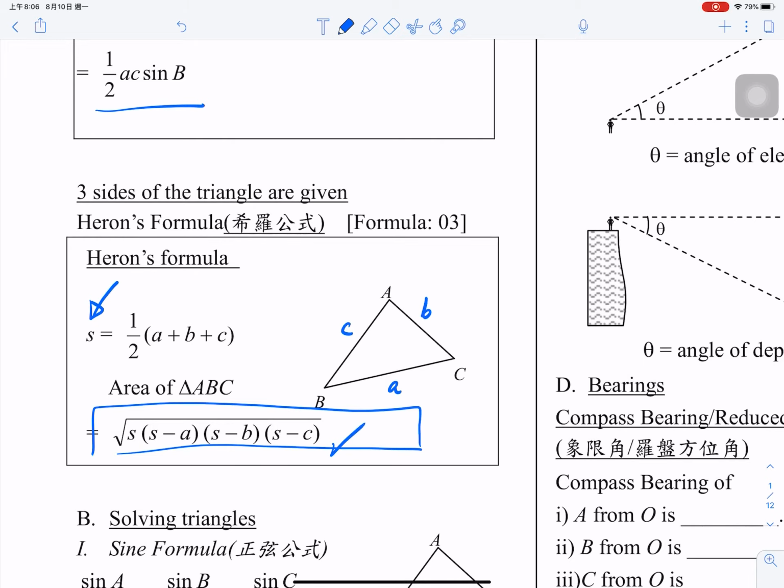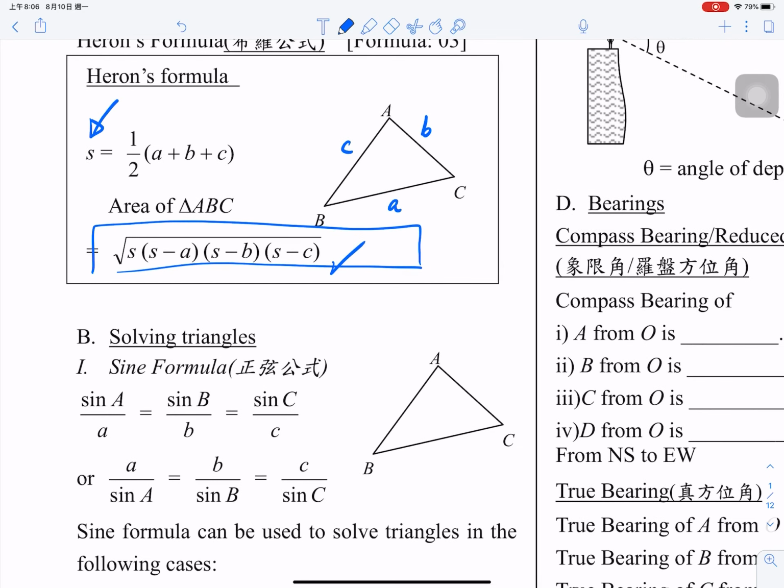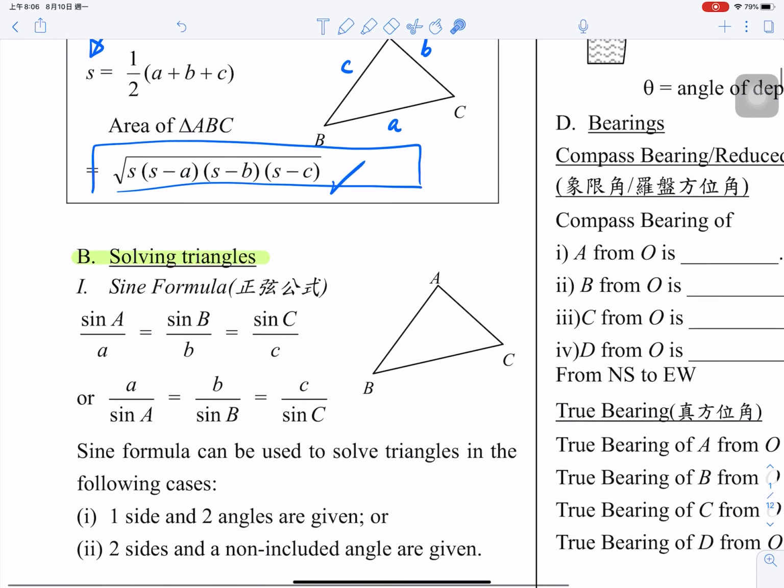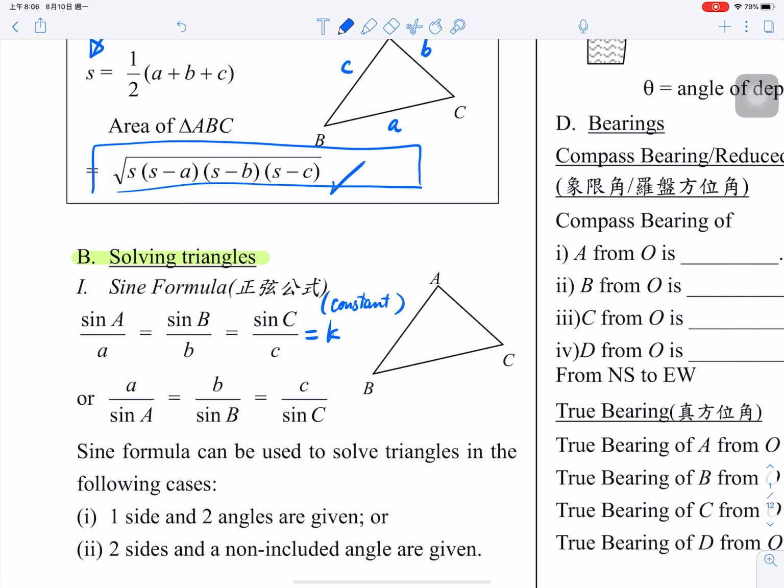After the area of a triangle, let's see solving triangles. About solving triangles, we will talk about 2 different formulas or 2 laws. One is the sine formula or sine law. That means all the sides and the angles have a ratio, and this ratio equals a constant k.